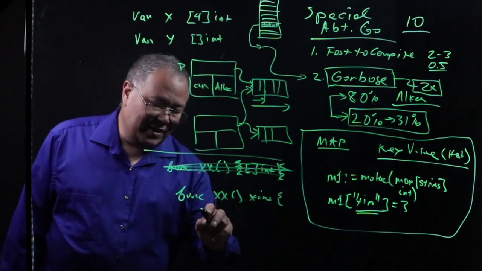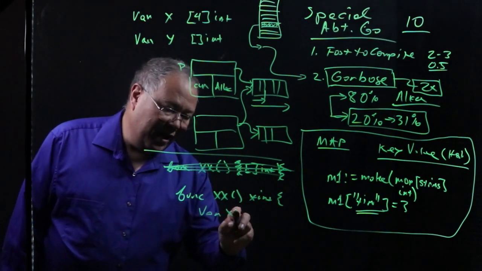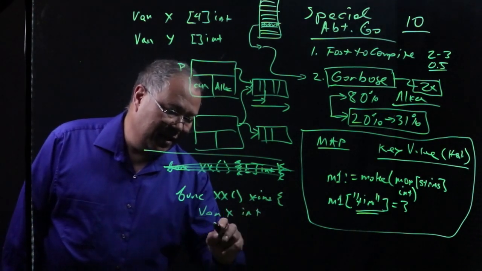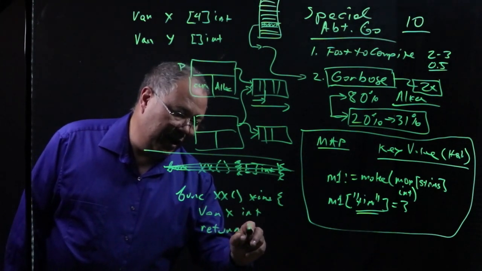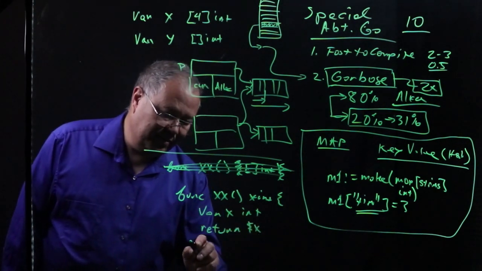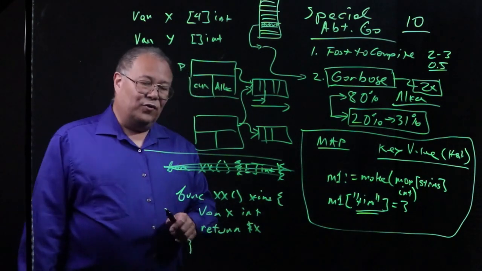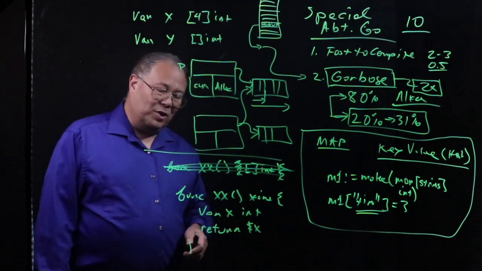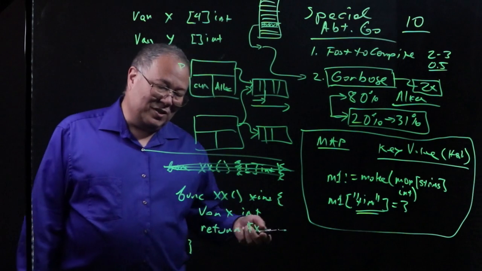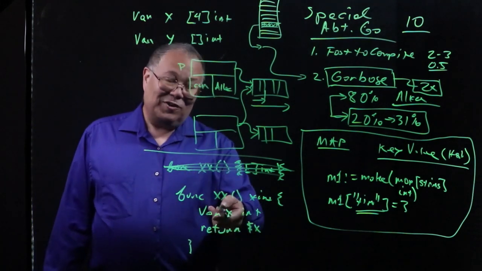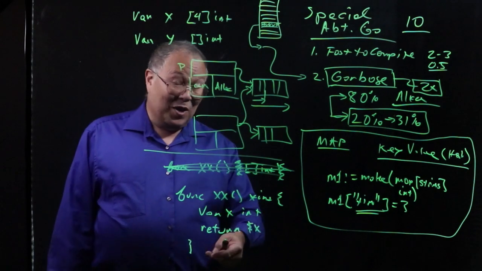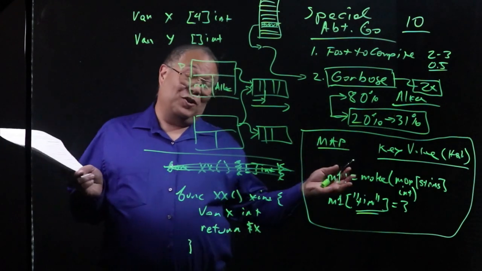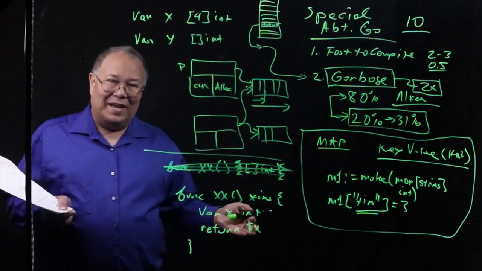And inside here, I can say var x is an int, and I can say return &x. Now, for you C programmers out there, or C++ programmers, most of you have had C++, you could create a local variable inside there and you return a pointer to something on the stack. This is called kaboom time. Things are going to go bad. Go is not like that.